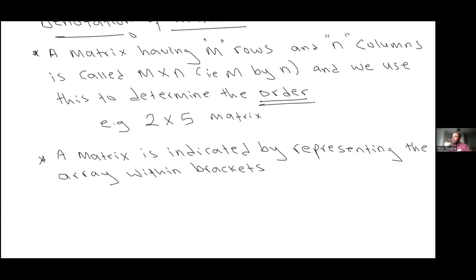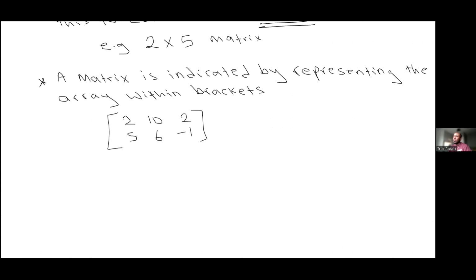So for instance, let's assume we have this: 2, 5, 10, 6, 2, minus 1. Now, if I ask you to explain the order of this matrix, you will say how many rows this has. This has 2 rows, right?